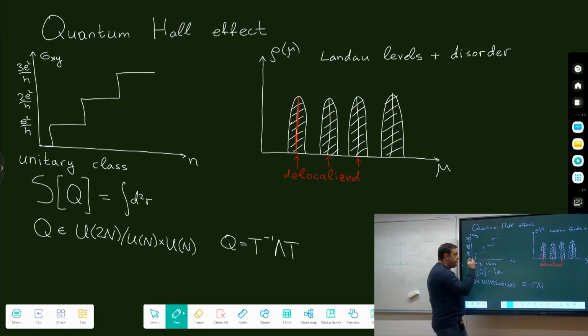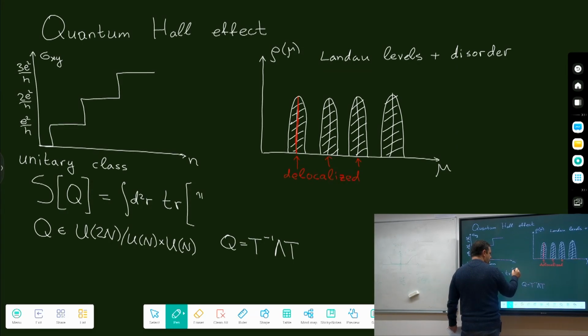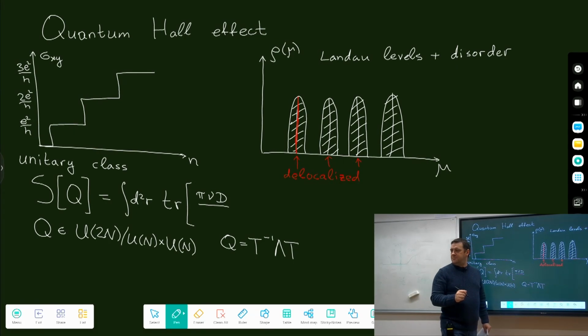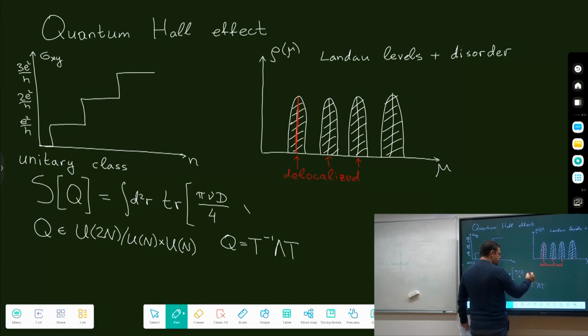Now, quantum Hall effect is a two-dimensional effect, so it's a two-dimensional integral, trace, and the coefficient here was originally pi nu d divided by how much? By 4. And then gradient Q squared.